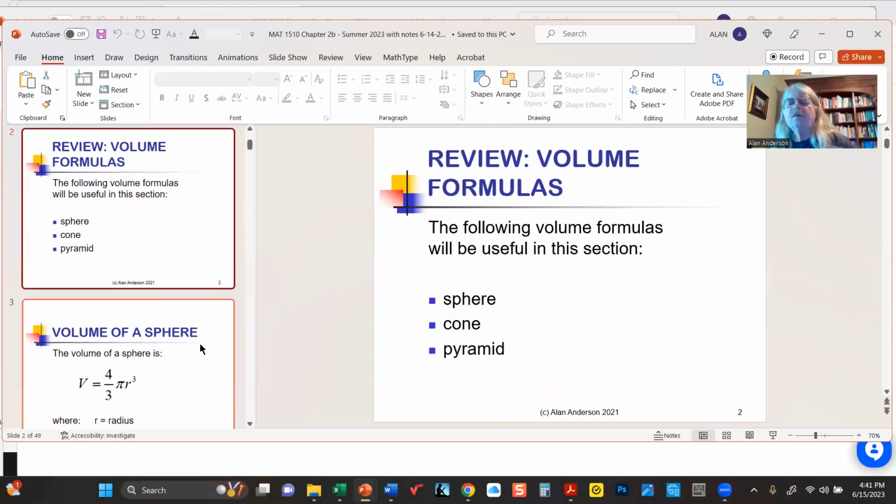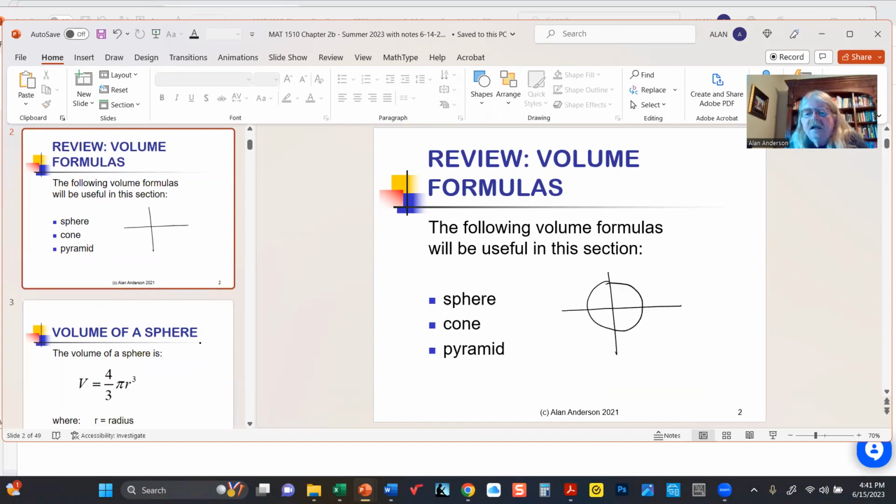So first things first, we want to remind ourselves about some basic shapes that you haven't probably thought about for years. We have spheres. And you can think of a sphere as essentially a circle that's been rotated on the axes. Now, I can't possibly draw that properly for you, but if you could imagine spinning this thing on the vertical axis, it would fill in to create a sphere rather than a circle.